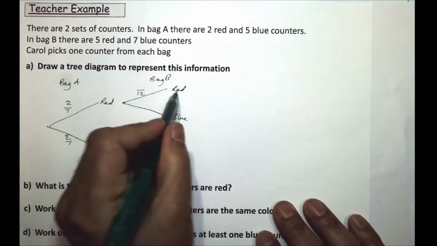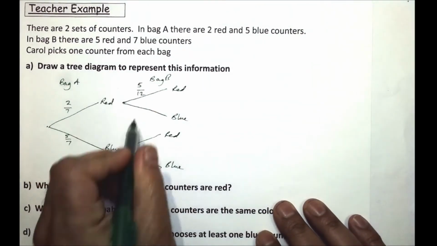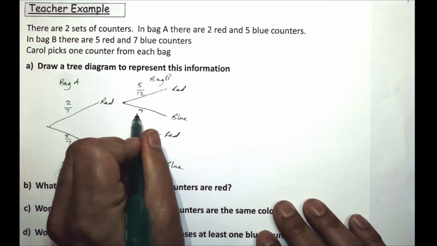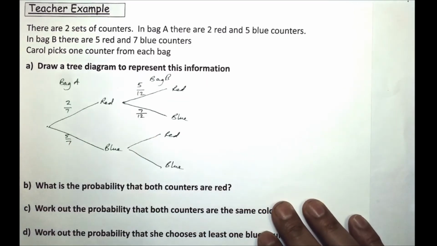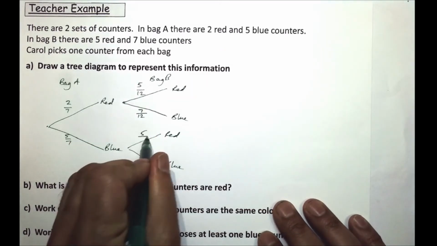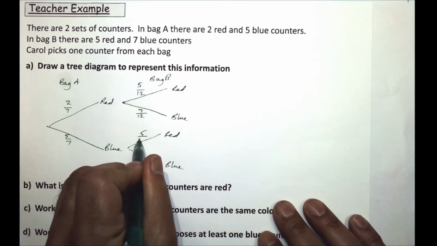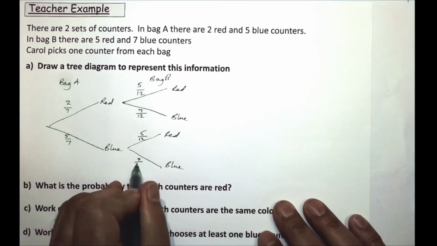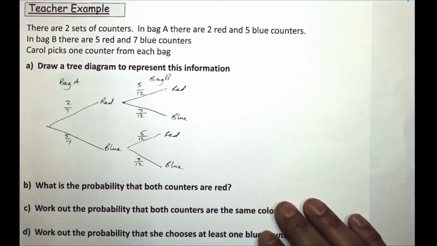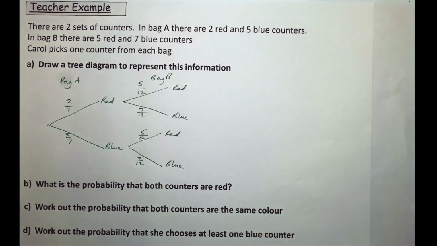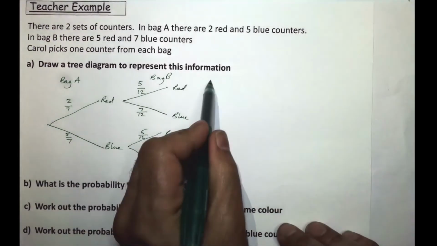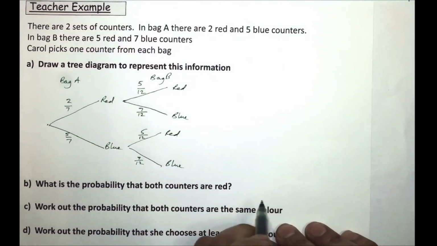So 5 out of 12 are red and 7 out of 12 are blue, and again 5 out of 12 red, and 7 out of 12 blue.